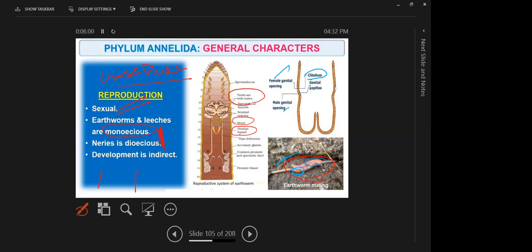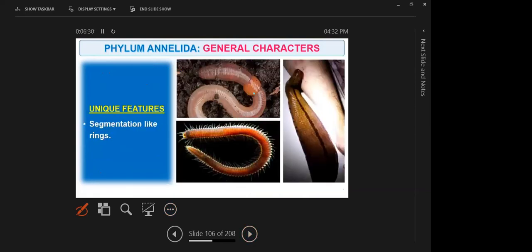So the clitellum separates the two sexes. Are you understanding? Clitellum is a thick, unsegmented portion below which you have genital papillae. The ovaries are in different segments, towards the posterior end. So this is the clitellum, and below that you can see the genital pores.